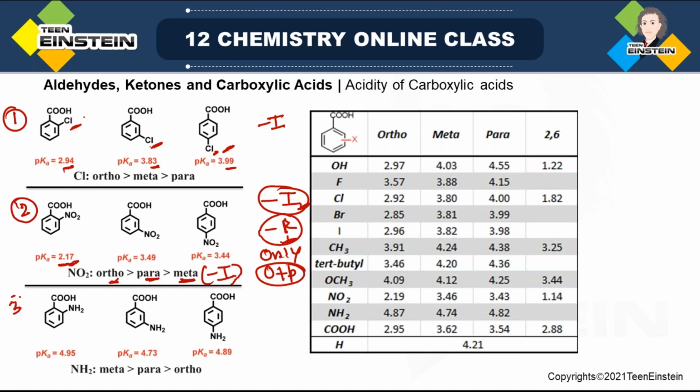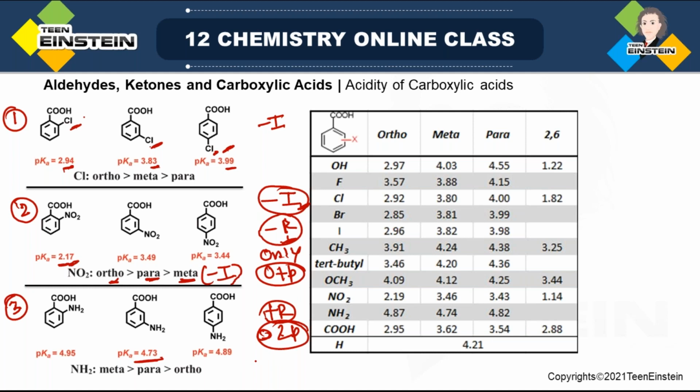And the last one is the NH2 group. Now for the NH2 group we have to consider the plus R effect, and the plus R effect means a donating effect, so it will decrease the acidity. Fine. So maximum acidic it will now be meta. Why is it so? Because the plus R effect is not possible from meta, and the plus R effect basically decreases acidity, and it is possible only at the ortho and para positions, not meta.